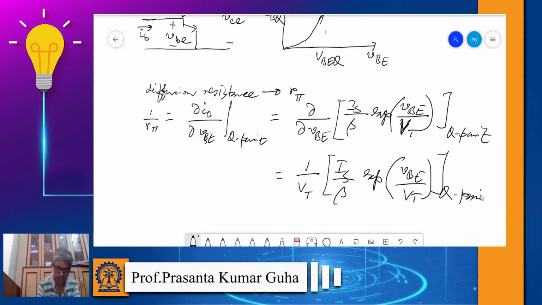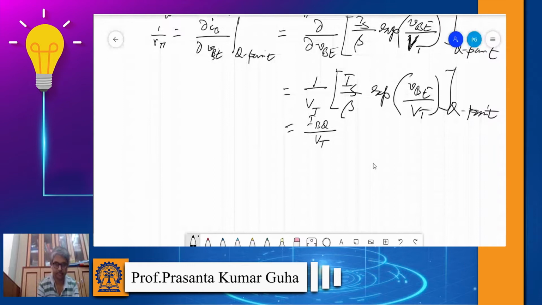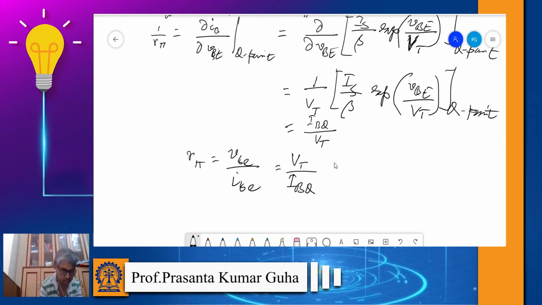So this diffusion resistance can be written like this.